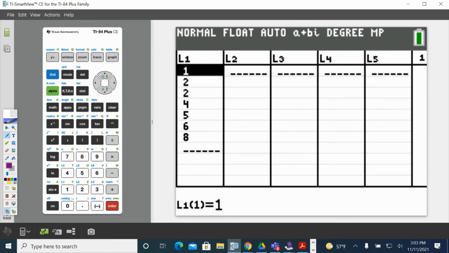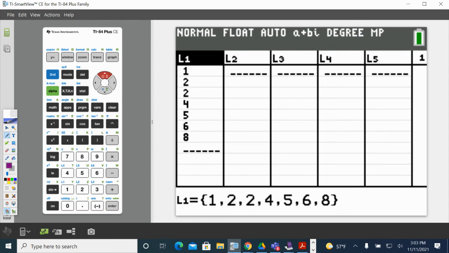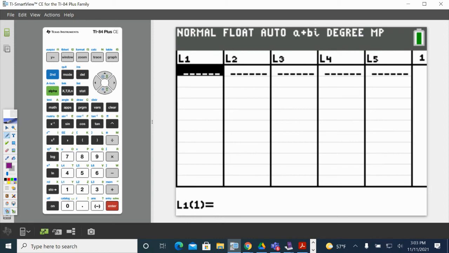So to clear information out of your lists, arrow up, hit clear, and then enter. Again, in your notes, write down to clear lists, arrow up, hit clear, then enter.